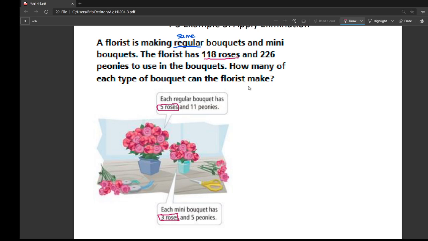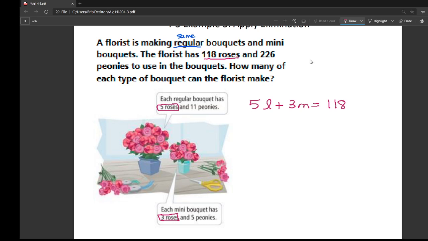So to write an equation for this, I'm going to say that 5 times L, which means large bouquets, plus 3M for the mini bouquets, are equal to the 118 here. Alright, so this is my roses equation.